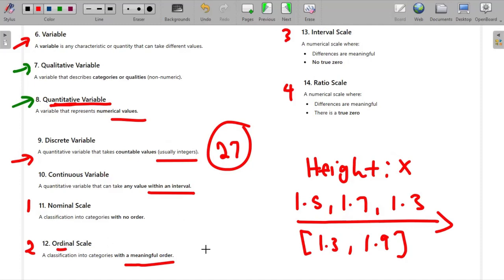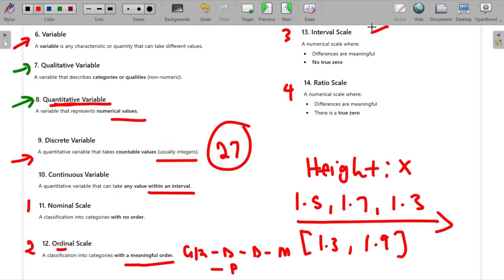There's a higher one and a lesser one. We can have someone with a grade 12, someone with a diploma, someone with a degree, then a master's, and then someone with a PhD. So here there's a clear order. We know that someone who has a PhD is greater than the rest. So the ordinal scale has a meaningful order.